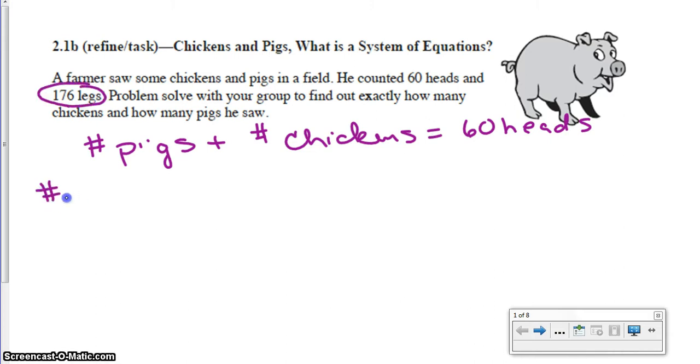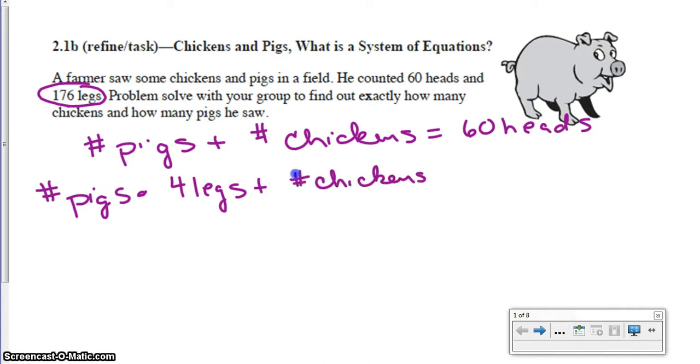The number of pigs times, how many legs do pigs have? 4 legs, plus the number of chickens times 2 legs would equal a total of 176 legs, okay? This is standard form.